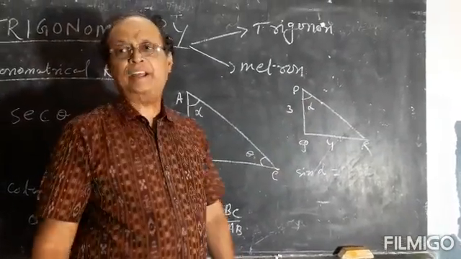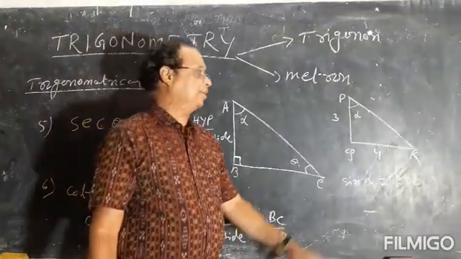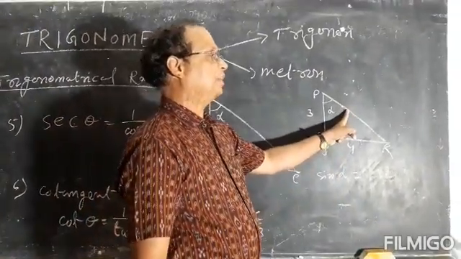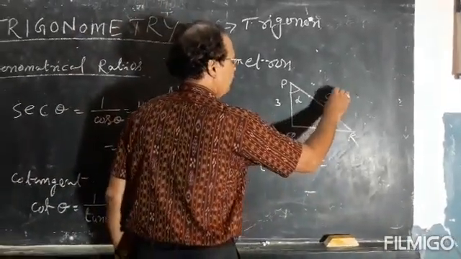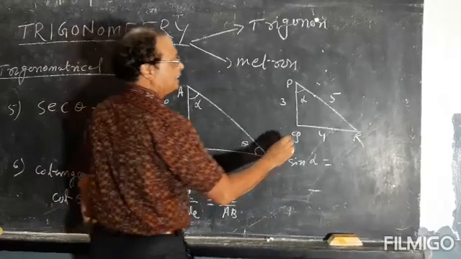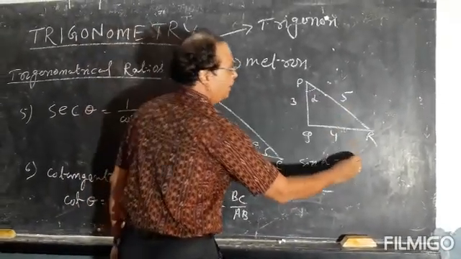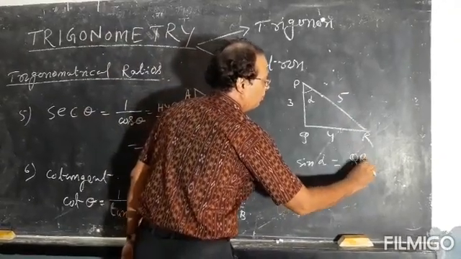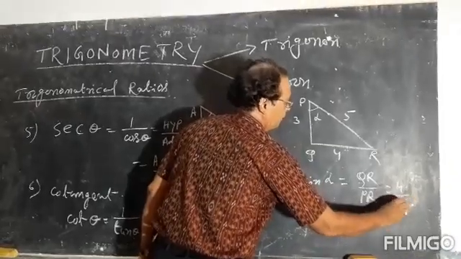How will you find the hypotenuse? Yes, by using the Pythagoras theorem. You can find PR, it will come 5. So sin alpha is opposite side QR by PR, that is 4 by 5.